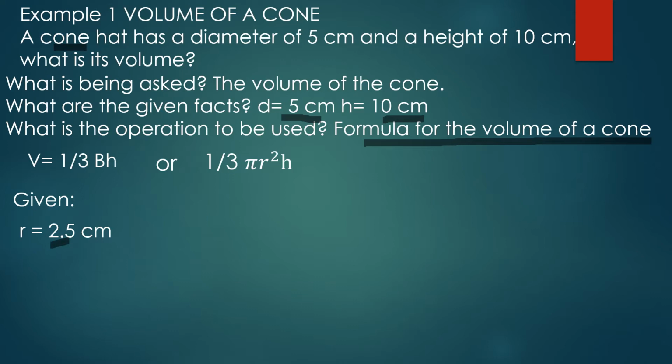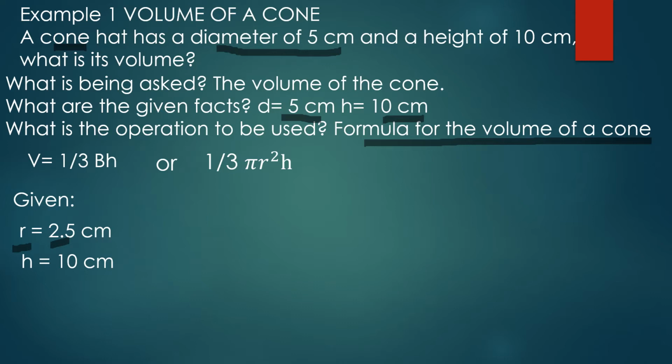So, 2.5 sapagkat ang ating given dito ay diameter. Ibig sabihin, hahatiin natin ang 5 cm sa dalawa. Kaya yung 5 cm naging 2.5 para maging radius. So, meron tayong radius na 2.5 cm at meron tayong height na 10 cm.